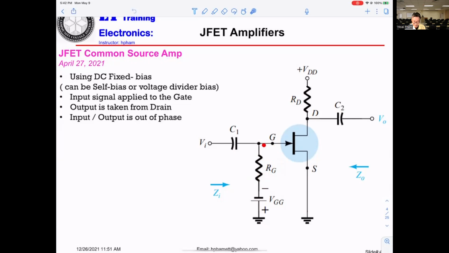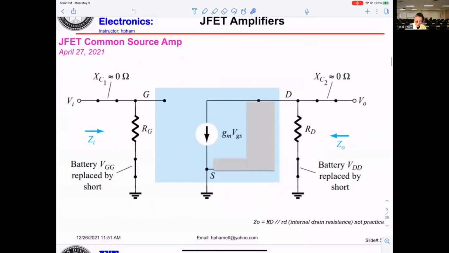So the voltage here and the voltage here will be the same. If you want to take that out, just connect directly to the VGG. That's okay. However, we cannot do it that way. It will be explained on the next one.